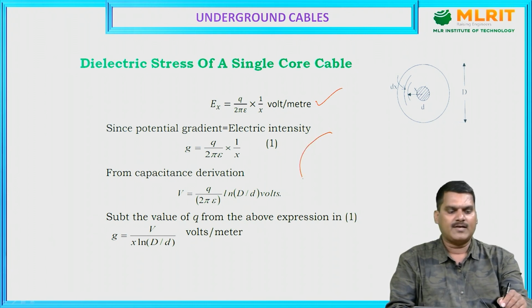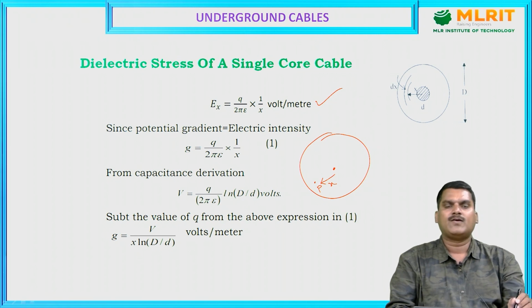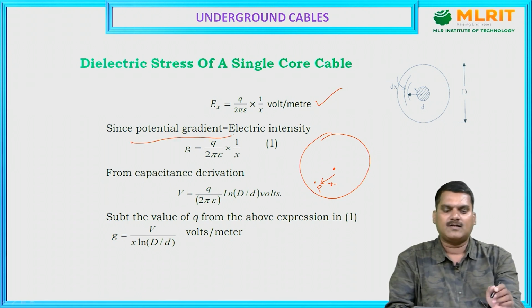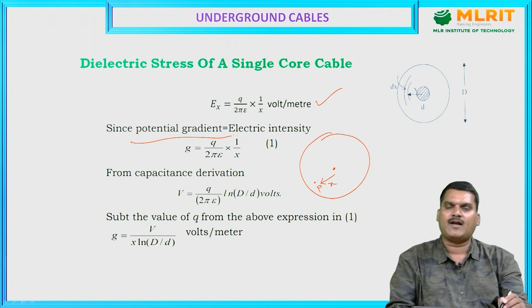That means at a point P at distance x, the electric field intensity is q by 2 pi epsilon naught 1 by x. The same electric field intensity is the potential gradient, which we call the electrostatic stress at that point P.